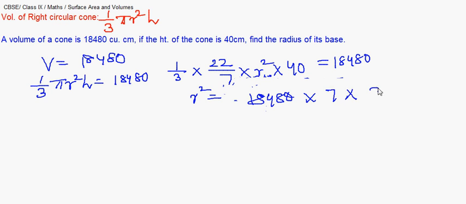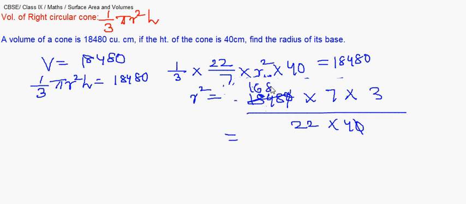Everything got overlapped. This is cancelled first, 168 is cancelled by 11, gives you 2. 168 divided by 2 is 84. 84 divided by 4 is 21.